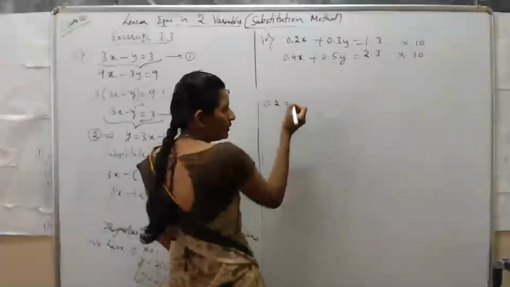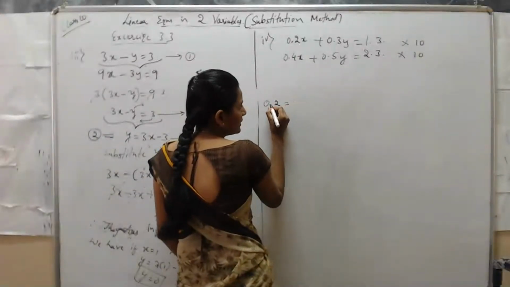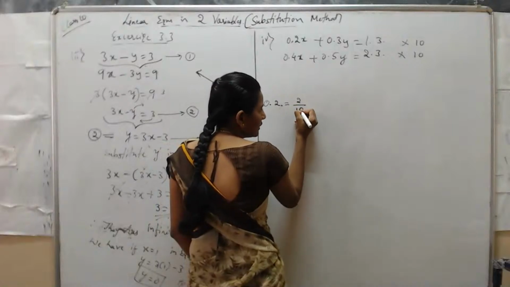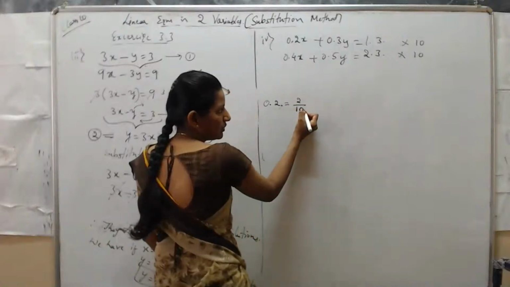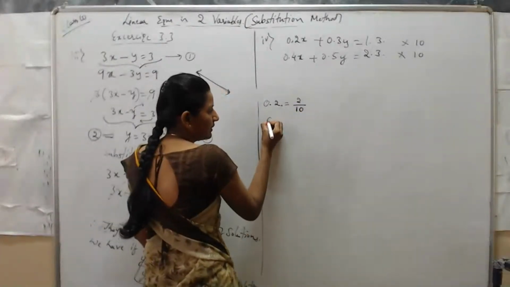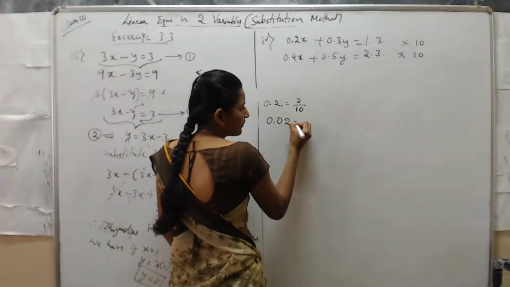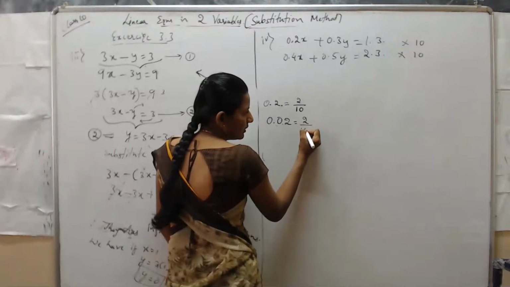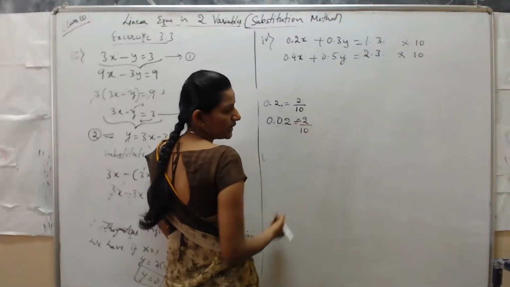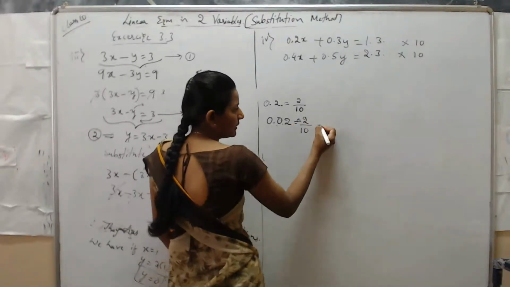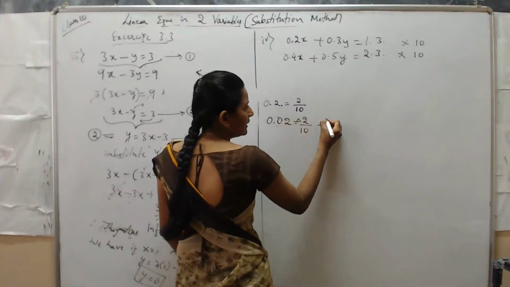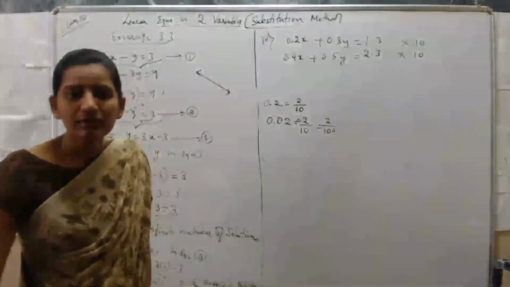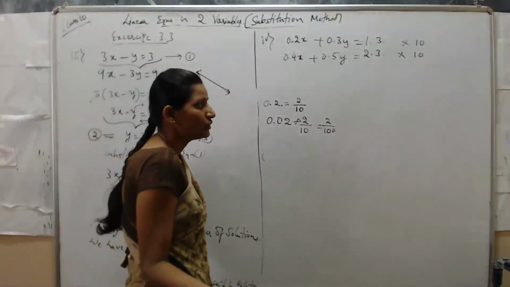If you shift the decimal one place, you write 1 with one 0 in the denominator. For 0.02, I am shifting two decimal places, then it becomes 2 by 100, which you have learned in the 6th or 7th standard.